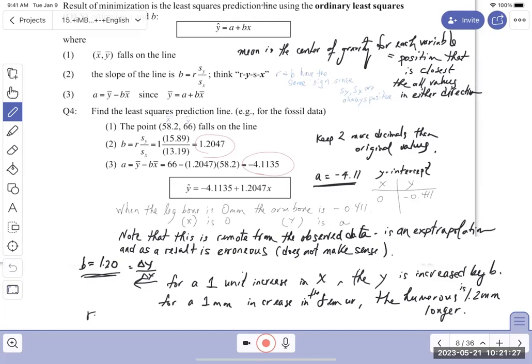Since R equals pretty much 1, I'm going to round it to 1, this relationship is perfect.